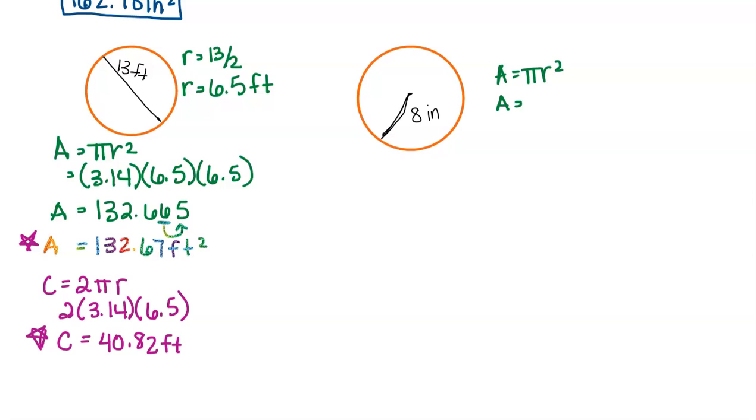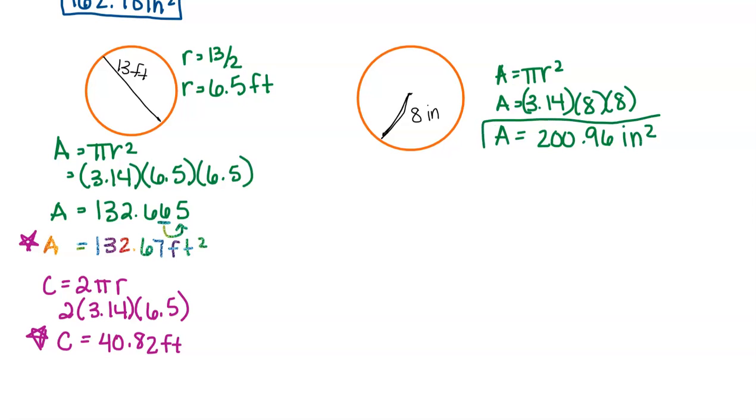So this is 3.14 times 8 times 8, and we get 200.96. Area equals 200.96 inches squared. Because we didn't need to round anything, since that 96 is already in the hundredths place, we're good.